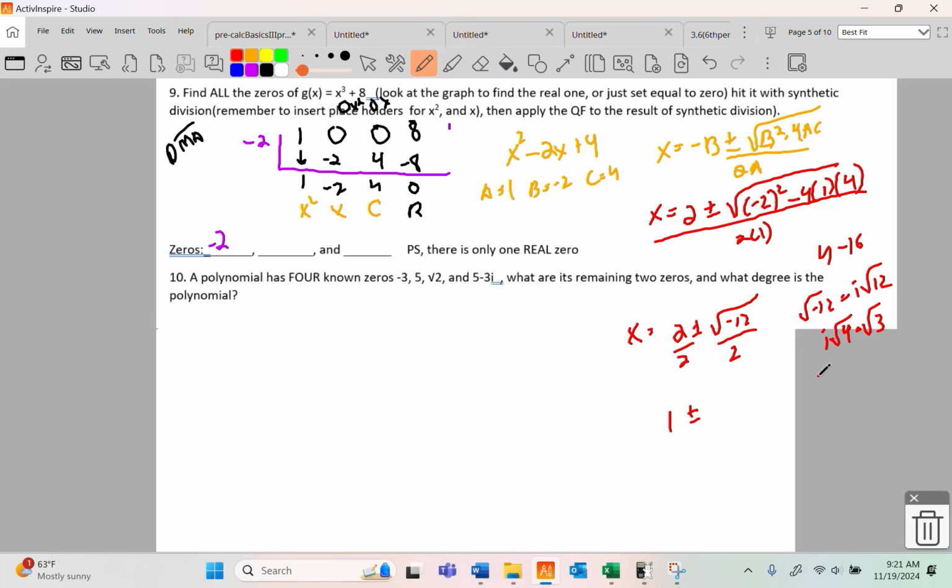And the real root of 4 is 2, so 2i root 3 is what we're left with. And that's sitting over a 2 from up here. 2's cancel. So we have 1 plus i root 3 and 1 minus i root 3. And these guys, the vocab word, are conjugates. They are conjugates of each other.